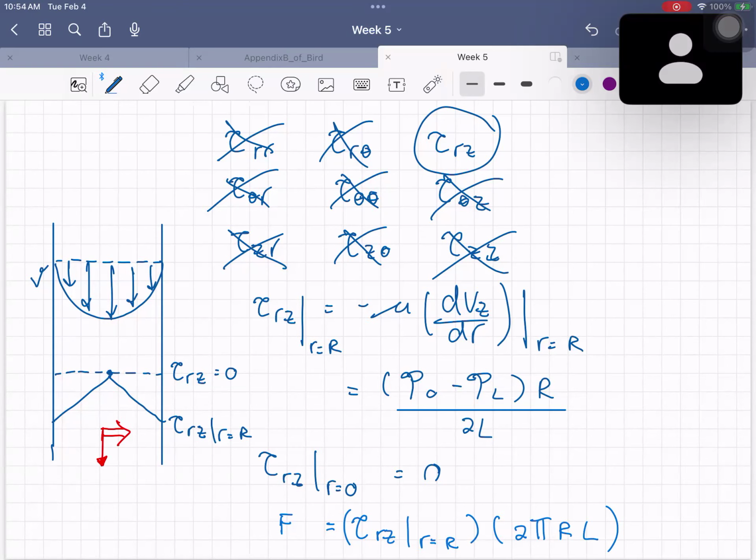So it's the perimeter of the circle times length. All right. So once you have calculated tau RZ, you just substitute into this term and times this term. I want this to be on the same page, so I'm going to move this a little bit.